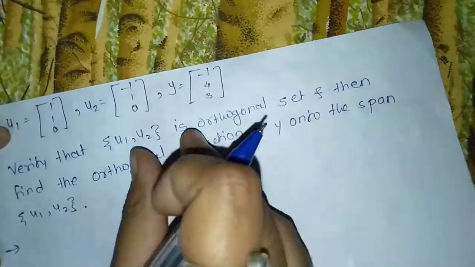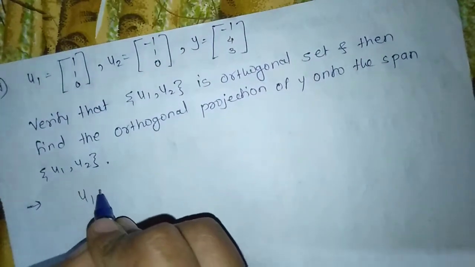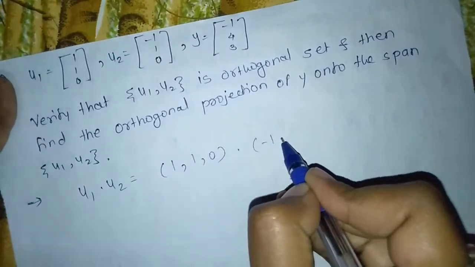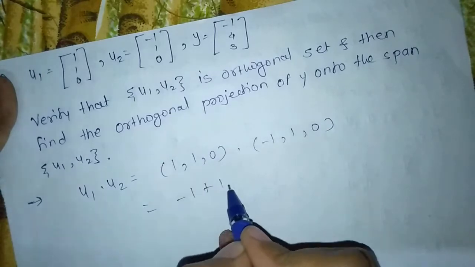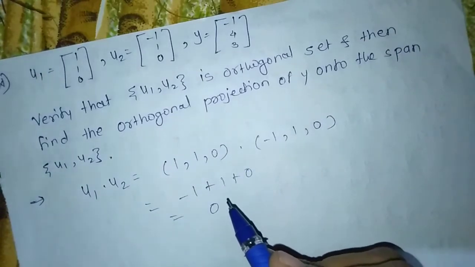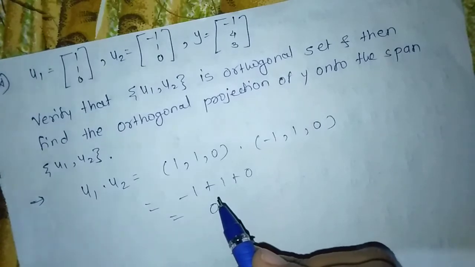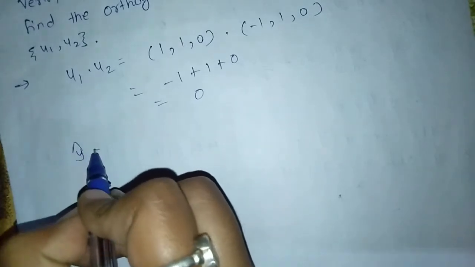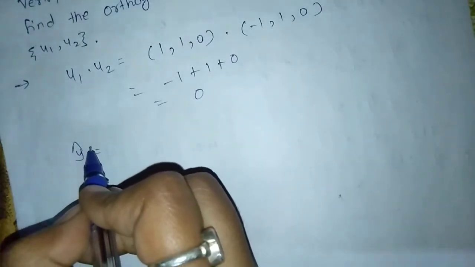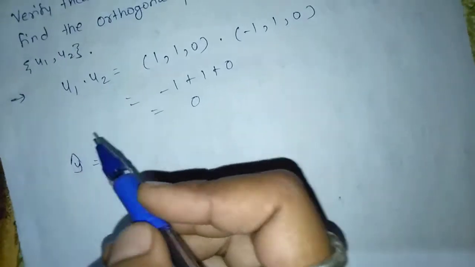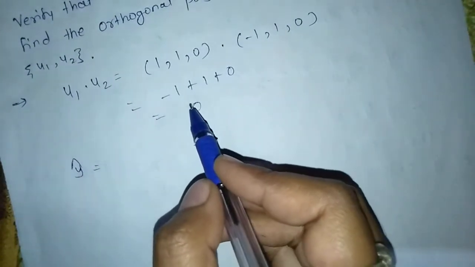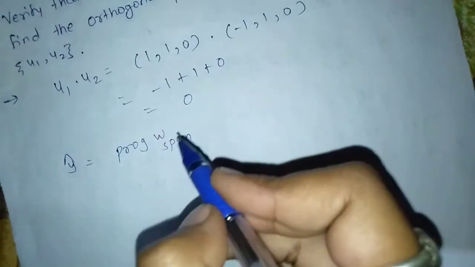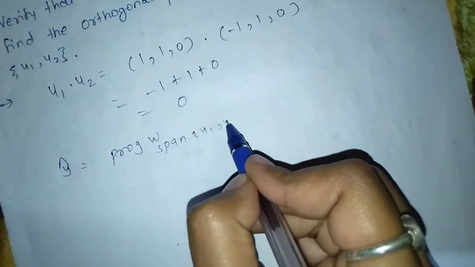So first, to show that {u1, u2} is an orthogonal set, find u1 dot u2. u1 dot u2 is equal to (1, 1, 0) dot (-1, 1, 0), meaning -1 plus 1 plus 0 is equal to 0. Now to find the projection of y onto the span of u1, u2, since {u1, u2} is an orthogonal set, y cap is equal to the projection onto W, span of u1, u2.